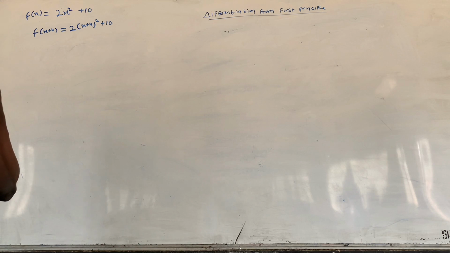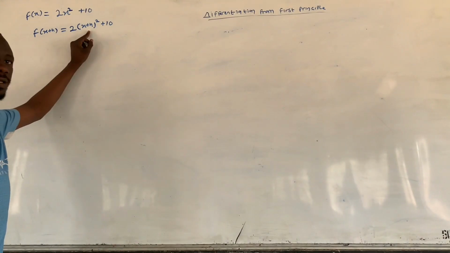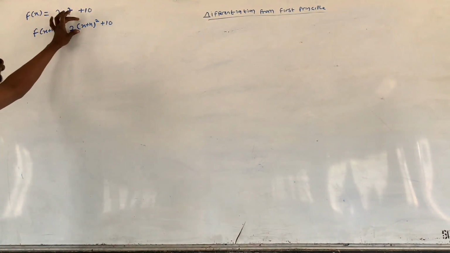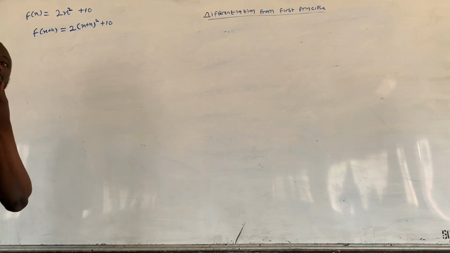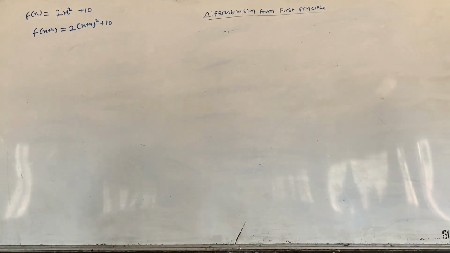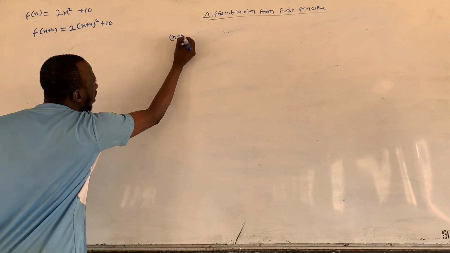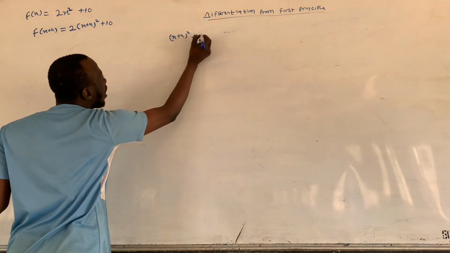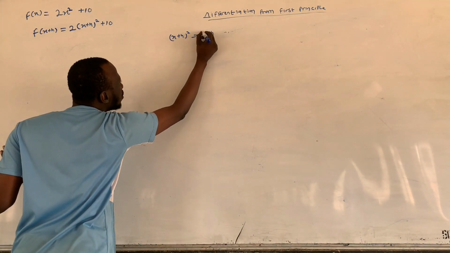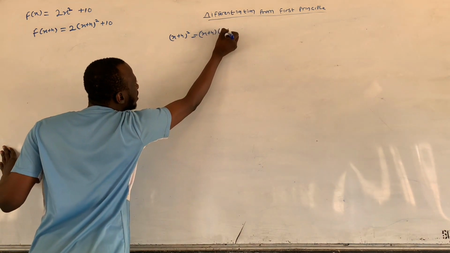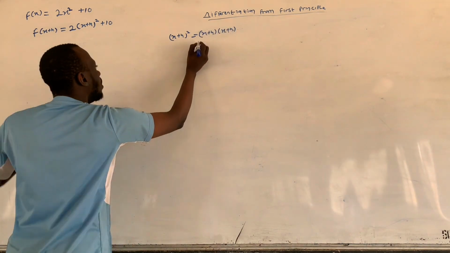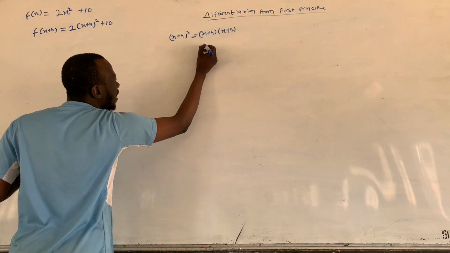Now, we can use the simple, normal traditional way to expand this without using Pascal's triangle, that is, by the binomial expansion theorem. So x plus h squared is x plus h times x plus h. X times x gives x squared.